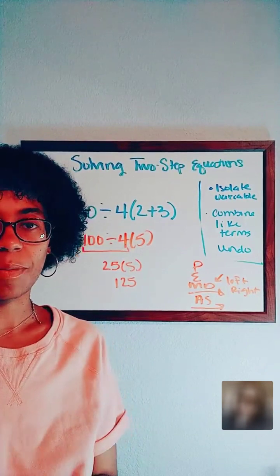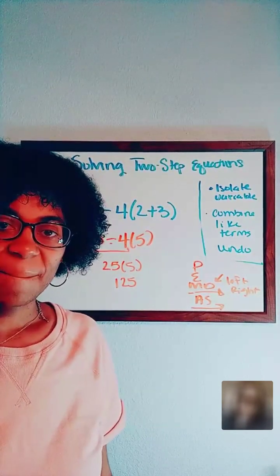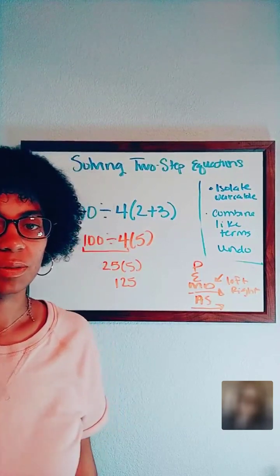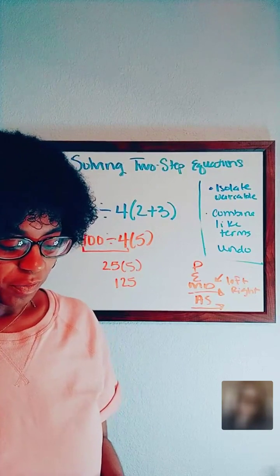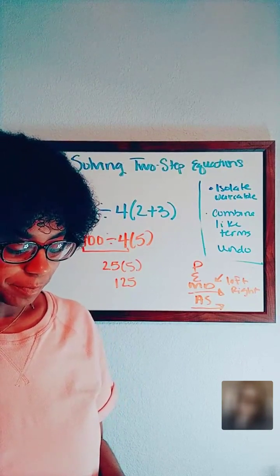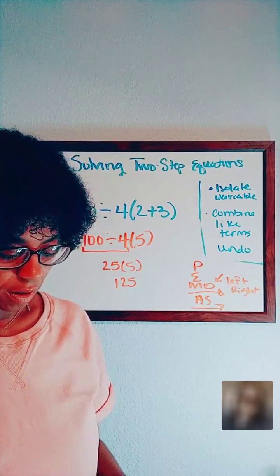Because don't nobody know their order of operations. And it's a struggle. So, y'all, I'm going to put it in my calculator on my phone and see what it says.